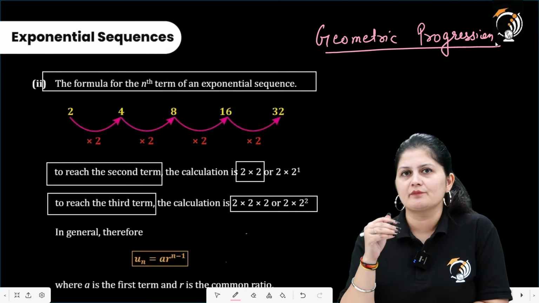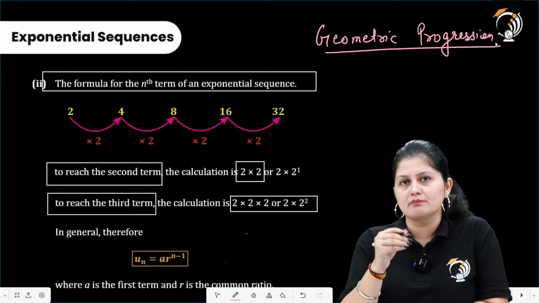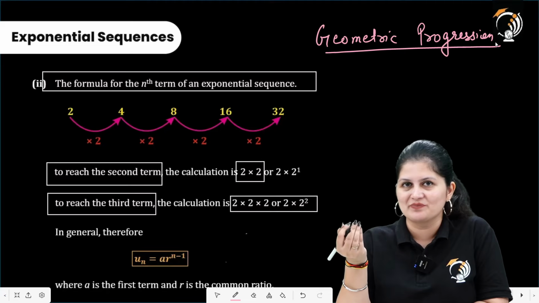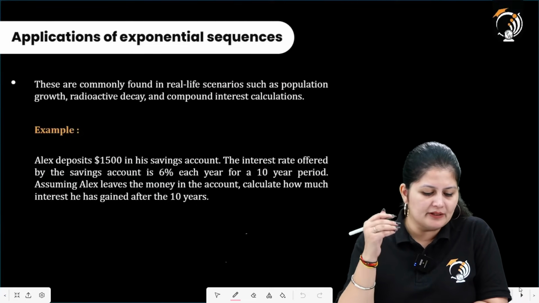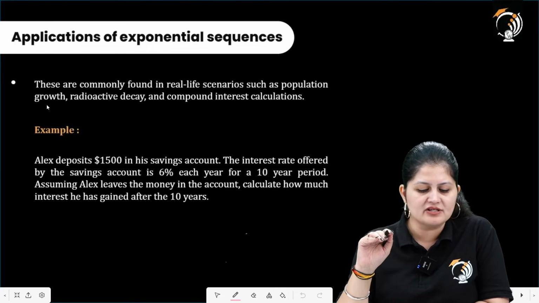So in the geometric progression, we have a common ratio. That means the term that is being multiplied with the preceding term in order to get the next term. Clear?